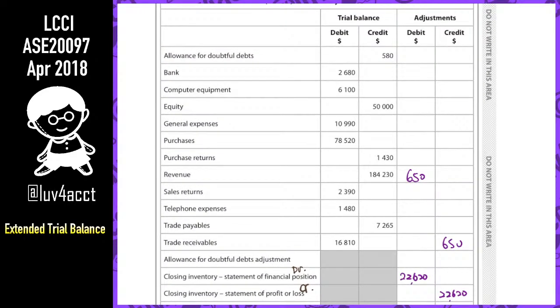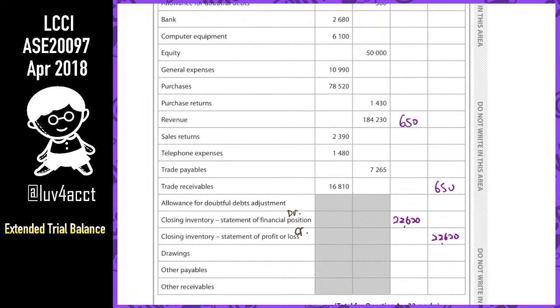What is happening? Why telephone expense?